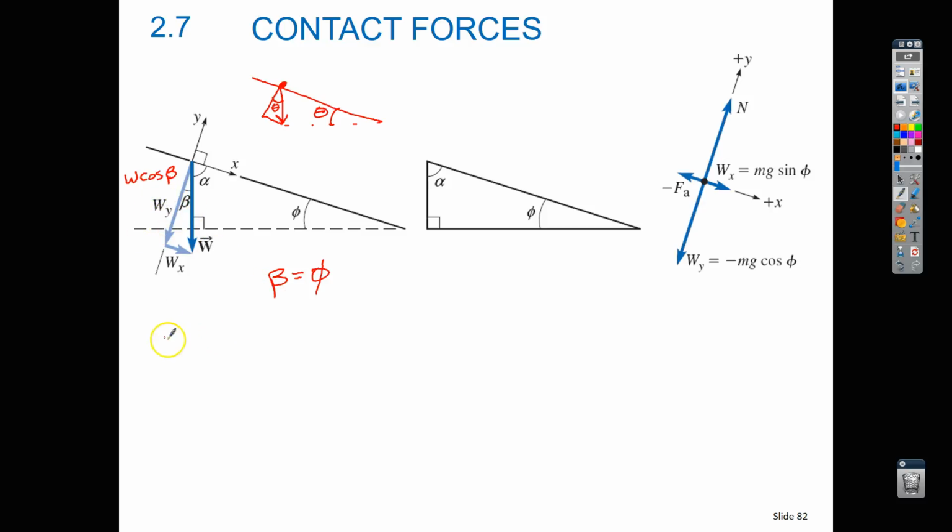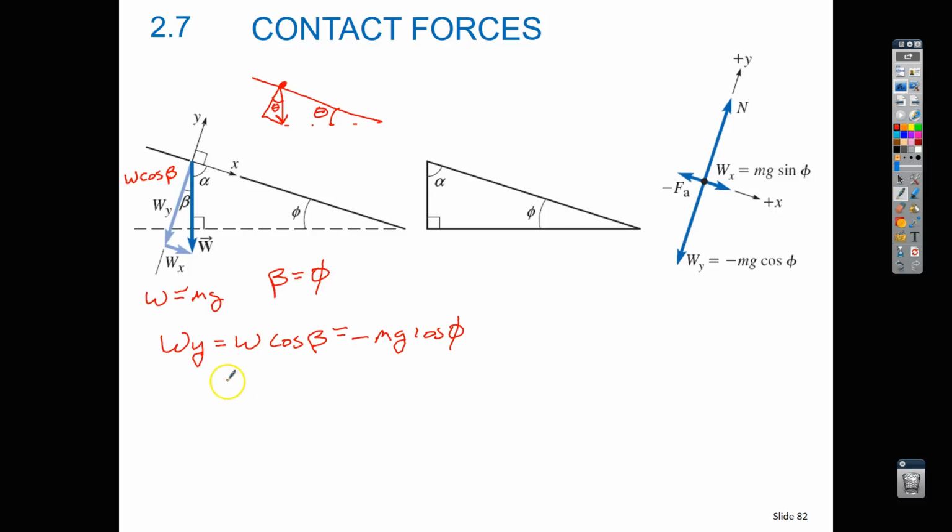So if I want to know what Wy is, Wy will just be my weight times the cosine of beta. The weight is pointing down, so we're going to make it negative. And we said earlier that weight is equal to mg, so this is negative mg times the cosine of theta, where beta and theta, or phi, sorry, are the same thing.